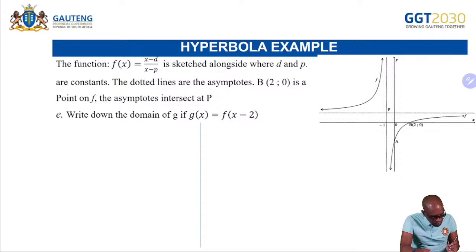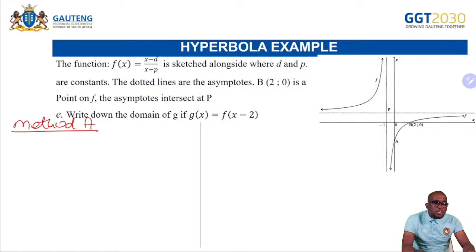Right. Last question now. Write down the domain of g if g of x equals f of x minus 2. I'll show you two methods of doing this transformation. The first method: I'm going to locate the domain and range of the original function. What was the domain? They said only the domain.